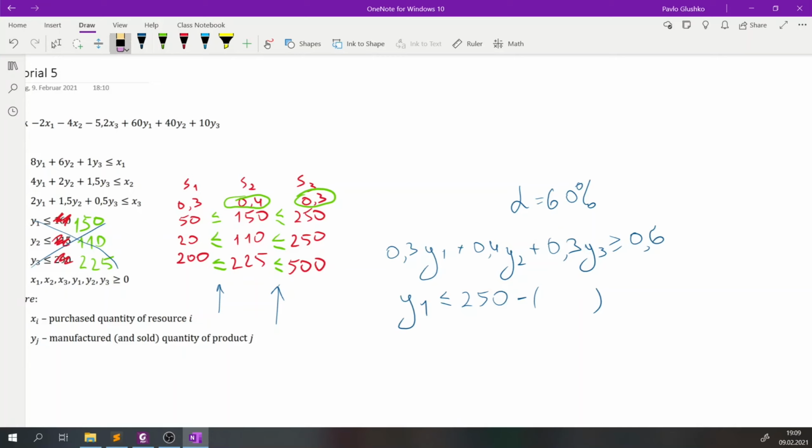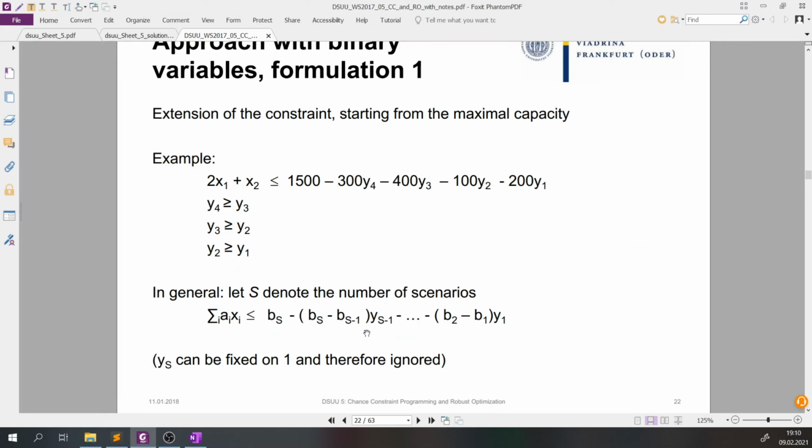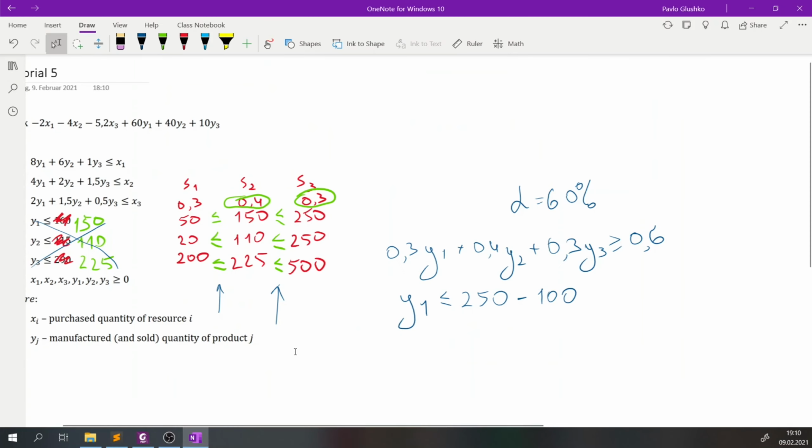I will write it as it is without details. So it's 100, and we multiply by the decision variable y with index s minus 1, so that second largest scenario.